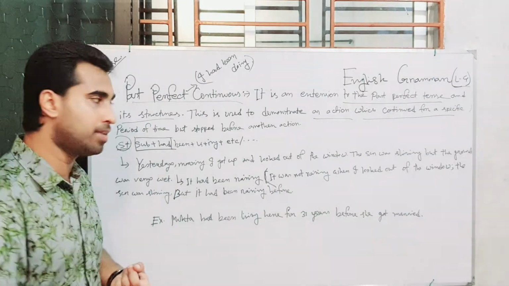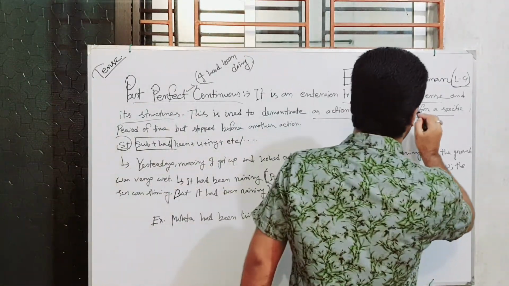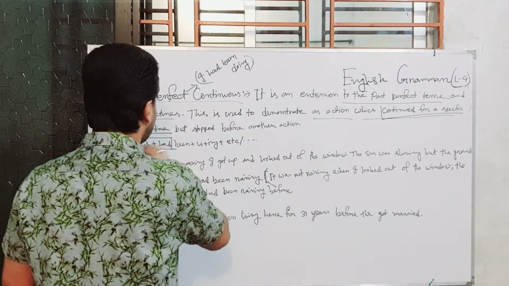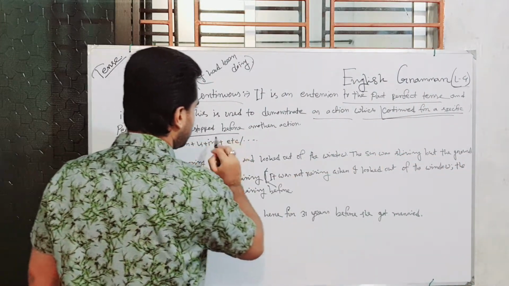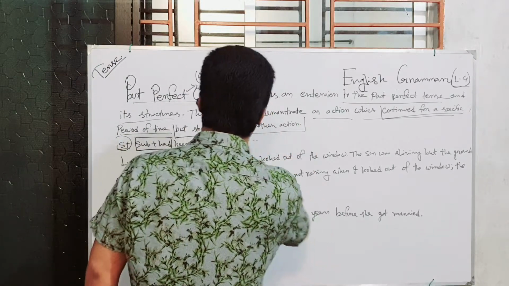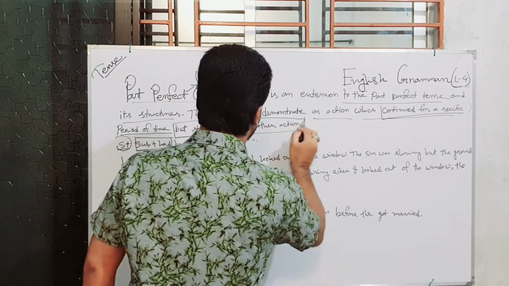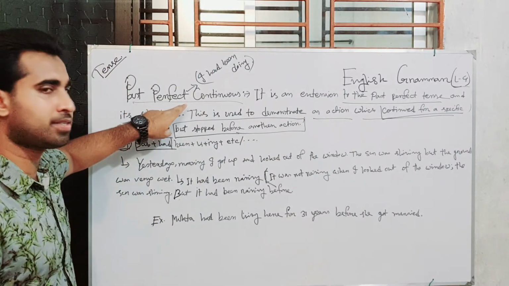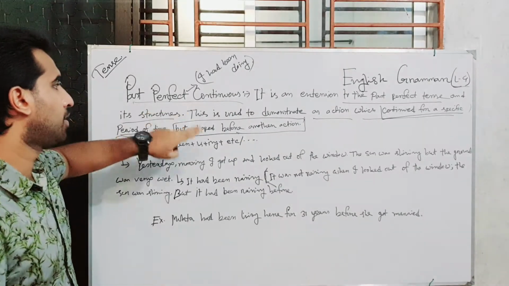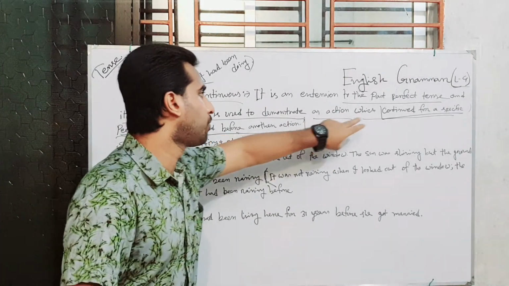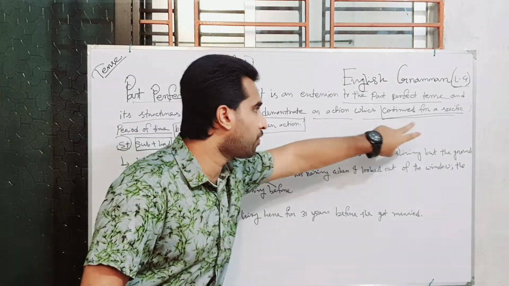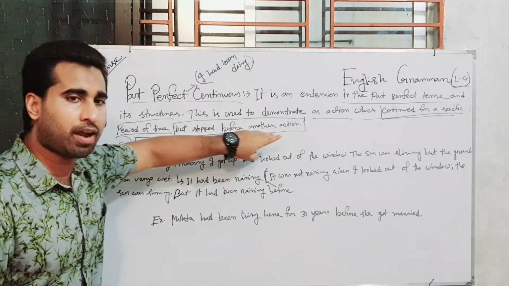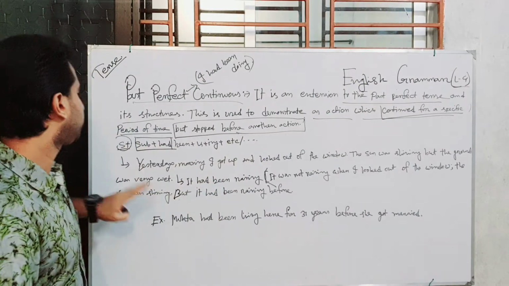You have to remember this: continued for a specific period of time, but stopped before another action. So it's clear to us that past perfect continuous tense is such kind of tense where an action continued for a specific period of time but stopped before another action.